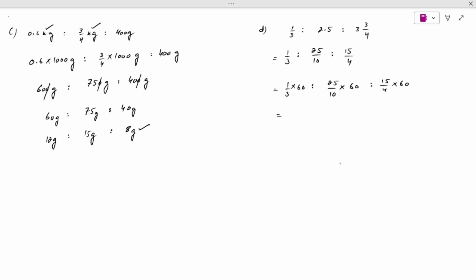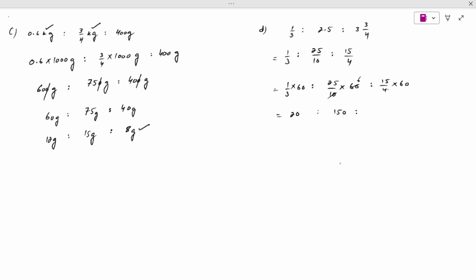Simplifying, we get 20, because 20 threes are 60, and 10 sixes are 60, and multiplying 25 by 6 we get 150.